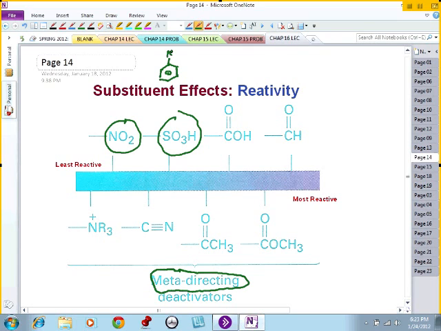So, for example, if I have nitrobenzene, which is a deactivator, and then I want to perform bromination, right? Now, based on what I just told you, what do you think the product of this reaction will be?